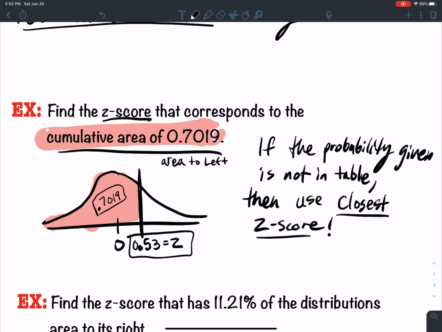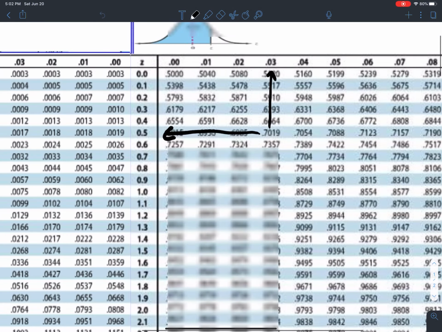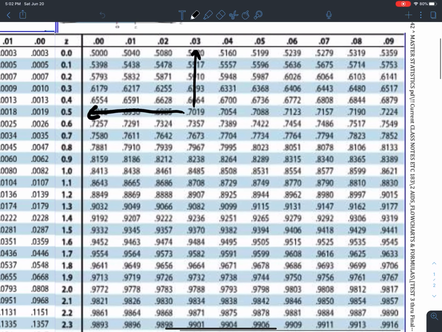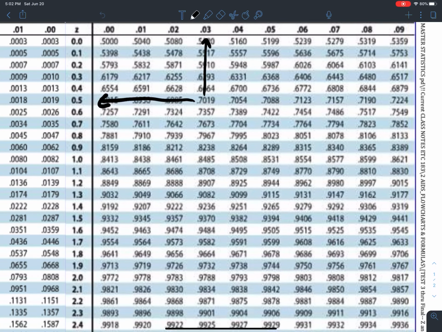Okay, and if you think about it, like if it was 0.9500, that one is that tricky one, right? Right here we have 9495 and 9505, right? So halfway between 1.64 and 1.65 is 1.645.